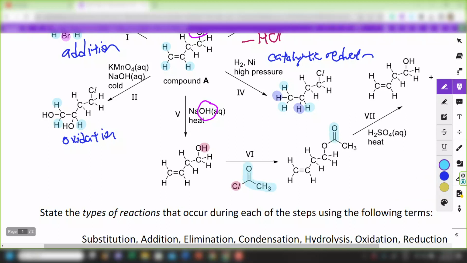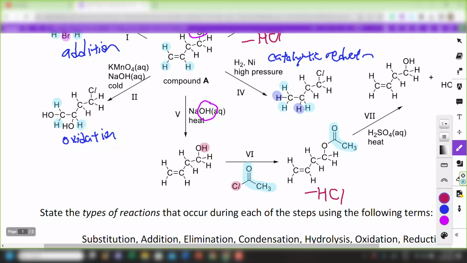What do you notice? The reaction actually happens between this functional group known as an acyl chloride and the primary alcohol, and in the process HCl is being released. So it's like two combined to give one molecule with the release of a small molecule.